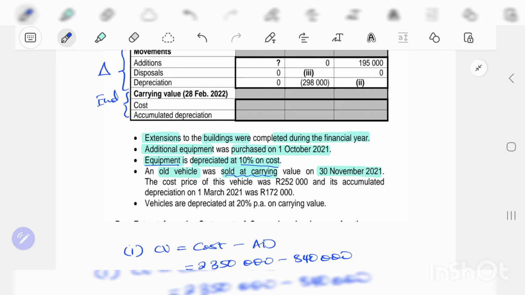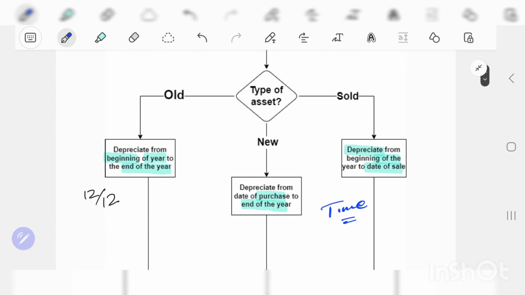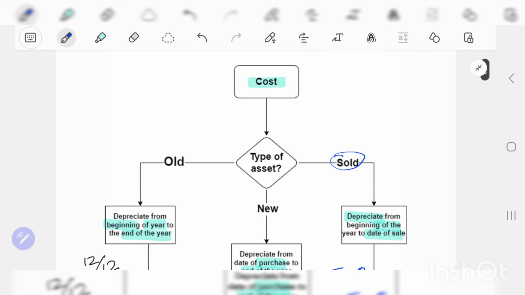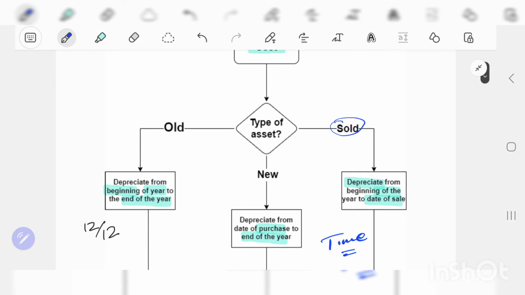So a vehicle was sold. If you sell a vehicle, how are you going to calculate depreciation? You are going to calculate depreciation from the beginning of the current financial year to the date that you sold the asset.